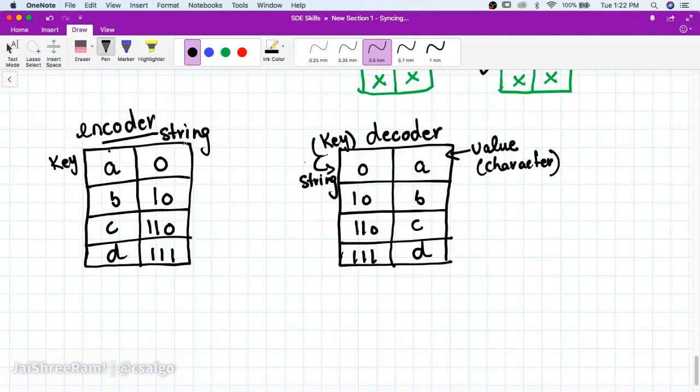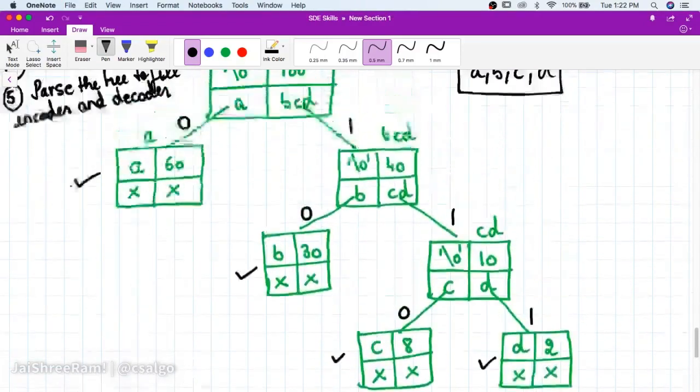Similarly here, this is my string as value and key as a character. So this is how my encoder and decoder will look after passing this tree.